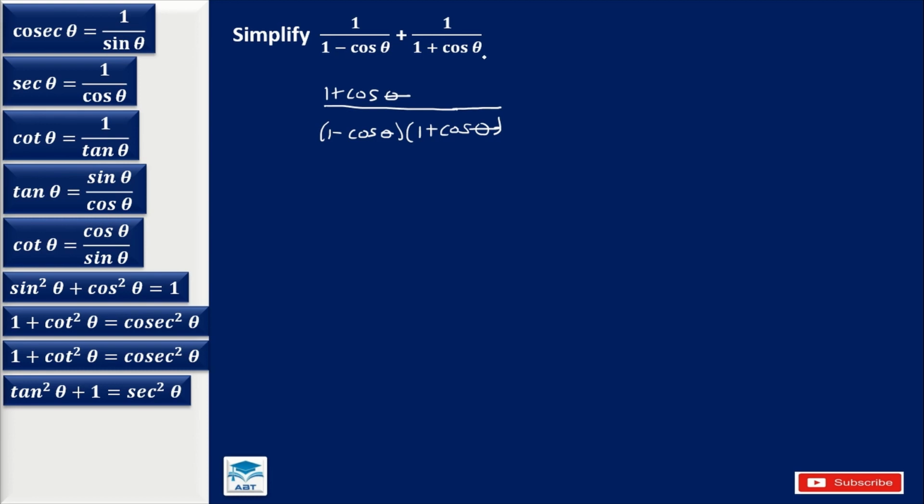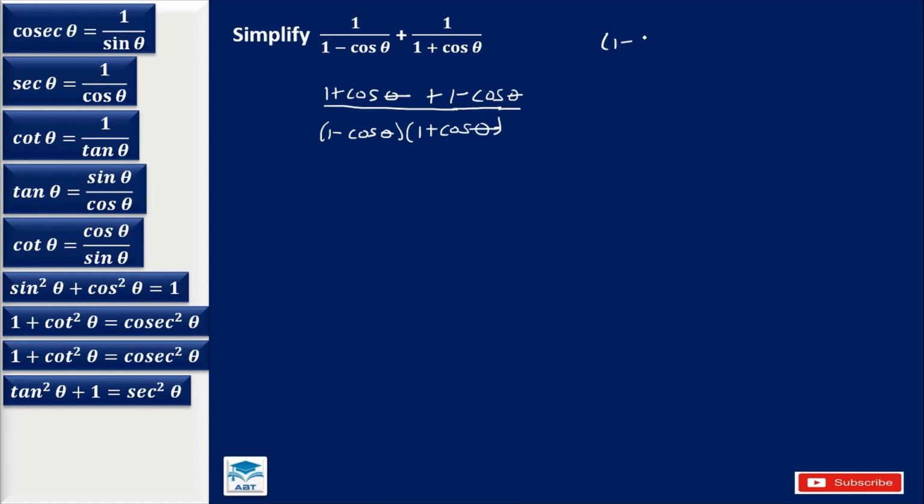And 1 plus cos theta will also cancel 1 plus cos theta, leaving 1 minus cos theta times 1, which is also 1 minus cos theta. 1 minus cos theta times 1 plus cos theta is difference of two squares, right?